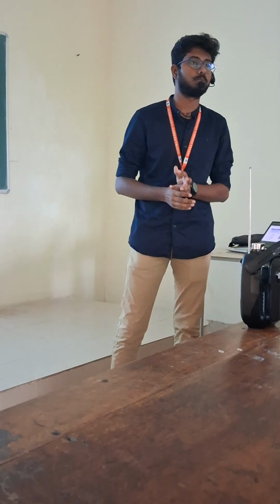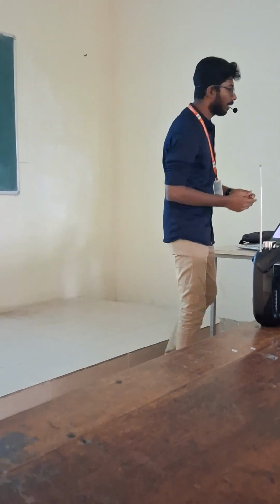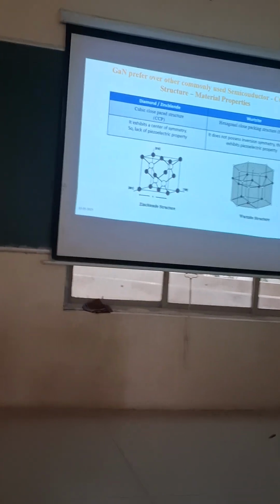The electron gas is formed without doping due to its polarization and the discontinuity in band. The band discontinuity and the polarization are due to its crystal structures.